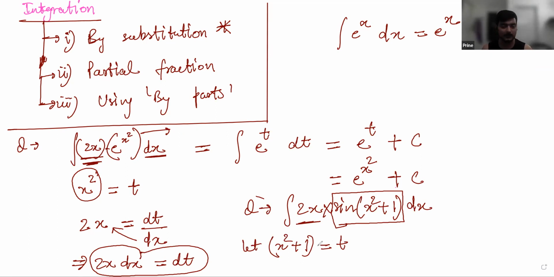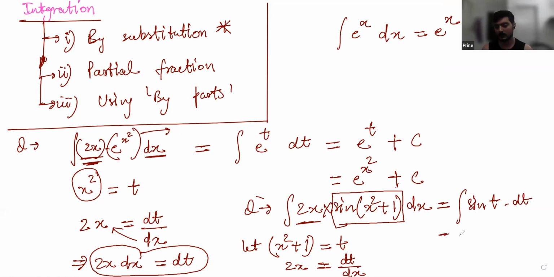So x square plus 1 is t, differentiating both sides with respect to x, this would become 2x plus 0, since the differentiation of 1 is 0, and this would become dt by dx. Hence, dt is equal to 2x dx. So this 2x dx would become dt. The sine stays as it is, x square plus 1 is t, then dt. So this is nothing but sine t dt.